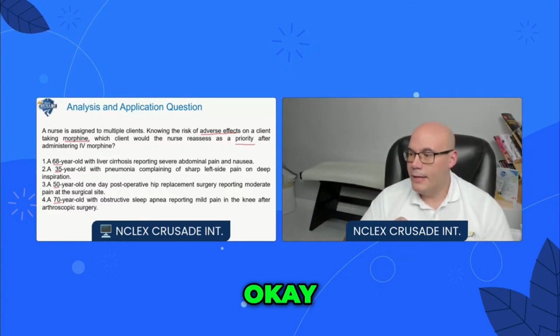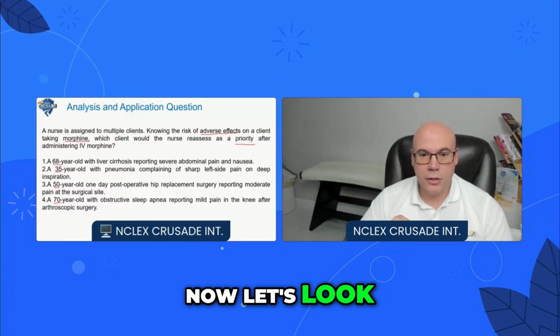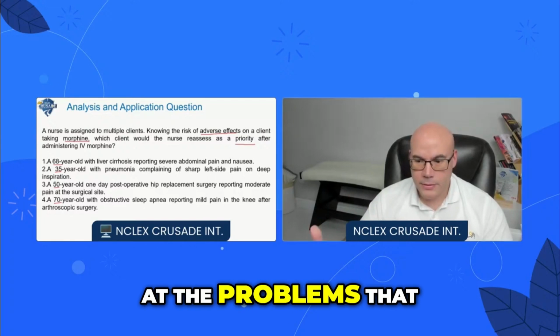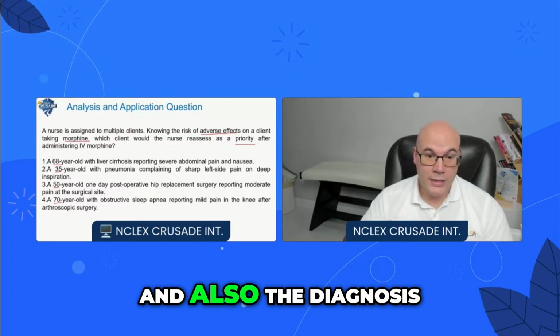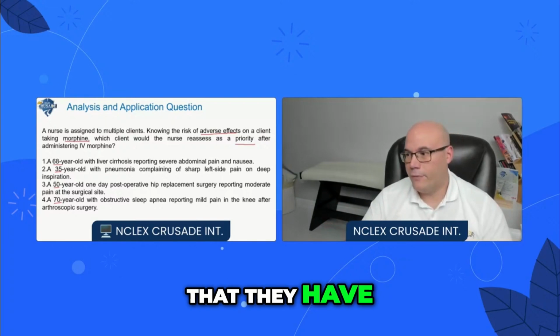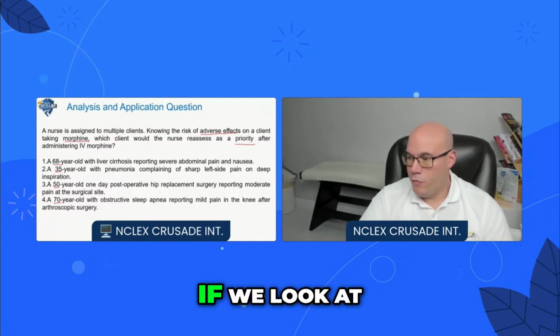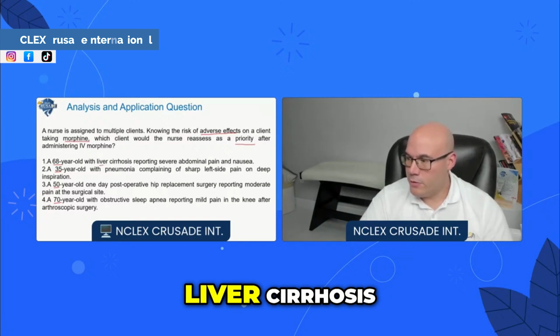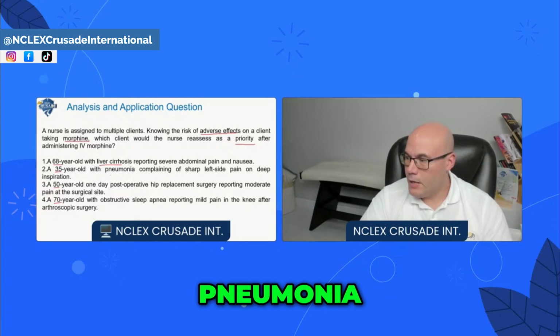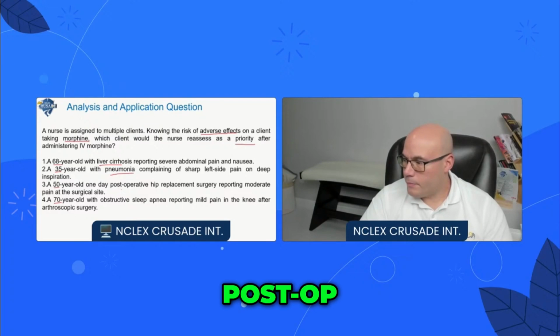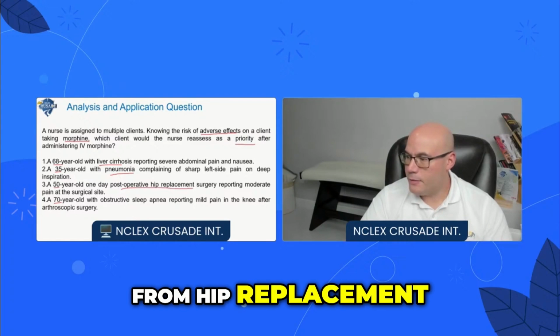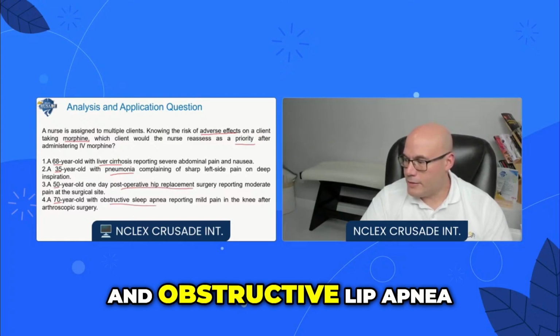Okay, now let's look at the problems that these patients are manifesting and also the diagnosis that they have. If we look at the diagnosis, liver cirrhosis, pneumonia, post-op from hip replacement, and obstructive sleep apnea.